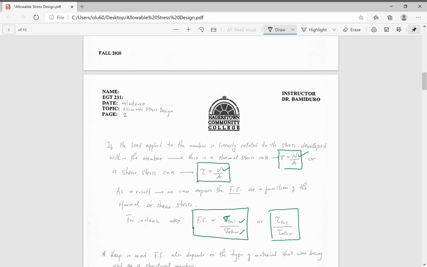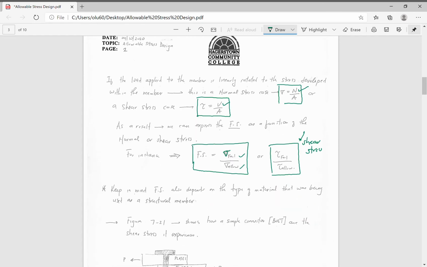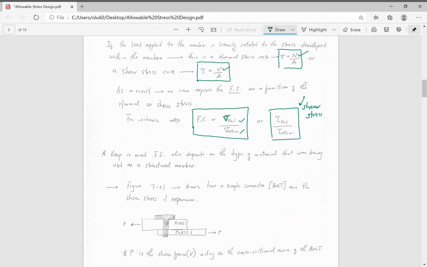Likewise for our shear stress criteria, we have the shear stress failure divided by the shear stress allowable. Okay, so just keep these concepts in mind, and let's move forward.